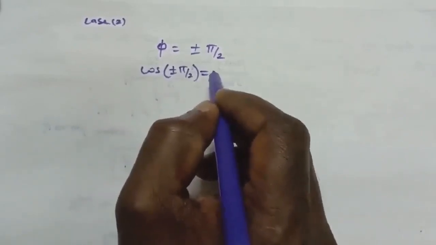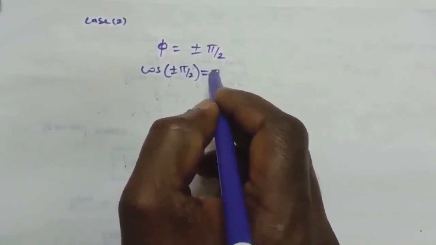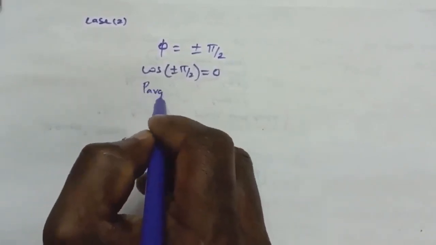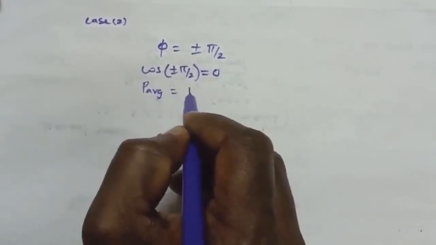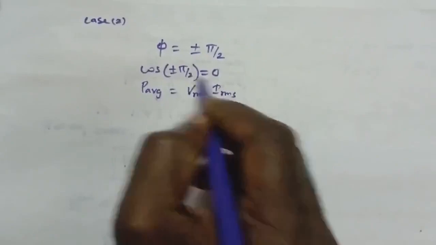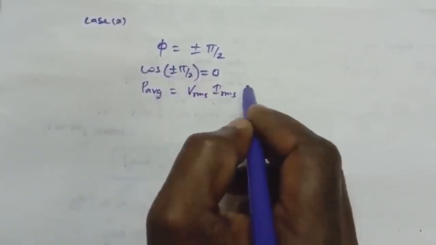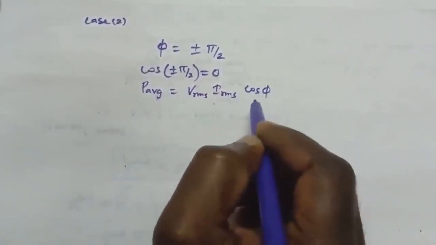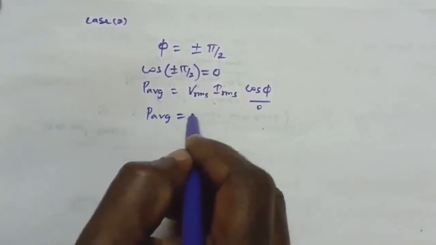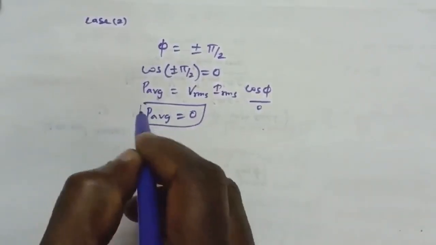Cos 90, and cos 90 is equal to 0. Now substitute in the power average: the power average is equal to Vrms Irms cos phi. Cos phi is 0. Therefore the total power average is 0. Are you clear?